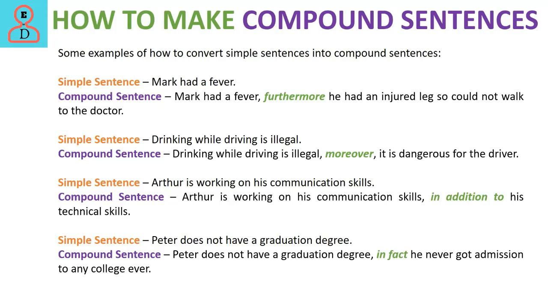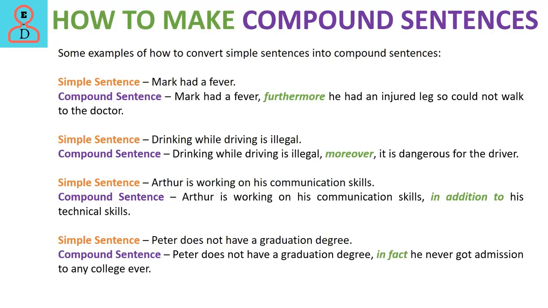Notice the words highlighted to convert these simple sentences into compound sentences. The part of the sentence before the word and the part of the sentence after the word are completely independent of each other. There is no condition or cause and effect type of relationship here.